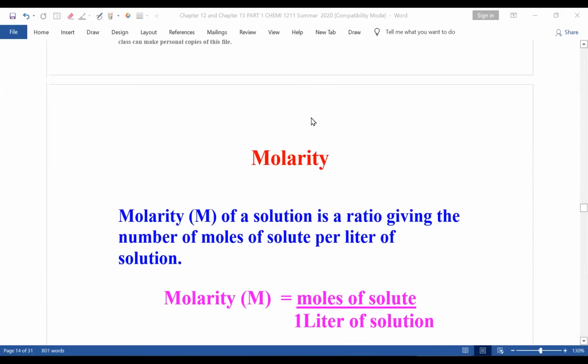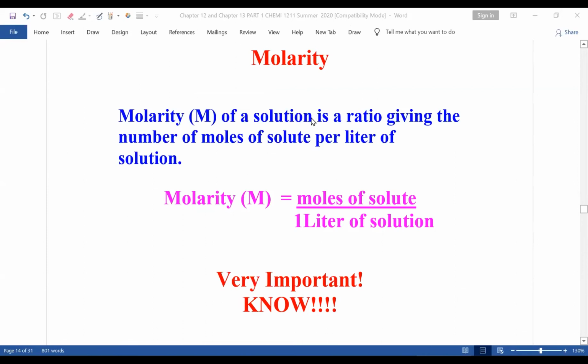But the most important thing is this, and I've just turned the switch up to 100. This is one of the most important concepts in chemistry when you're talking about solutions, and that's molarity. Molarity, which is abbreviated by capital M, of a solution is a ratio giving the number of moles of solute per liter of solution.